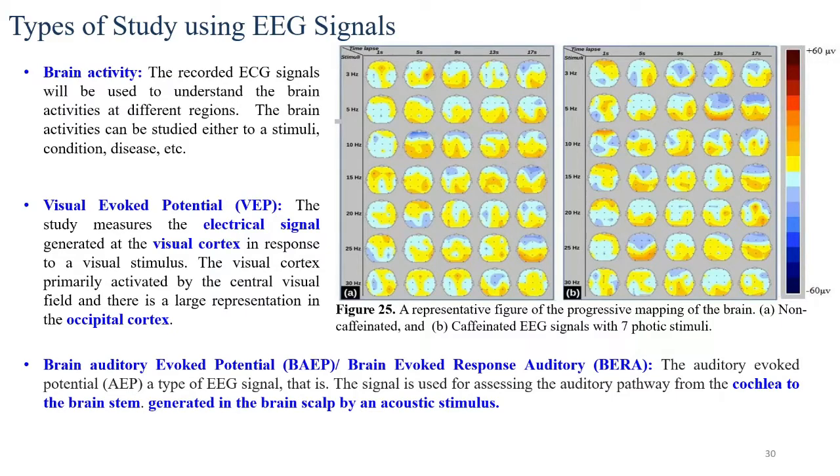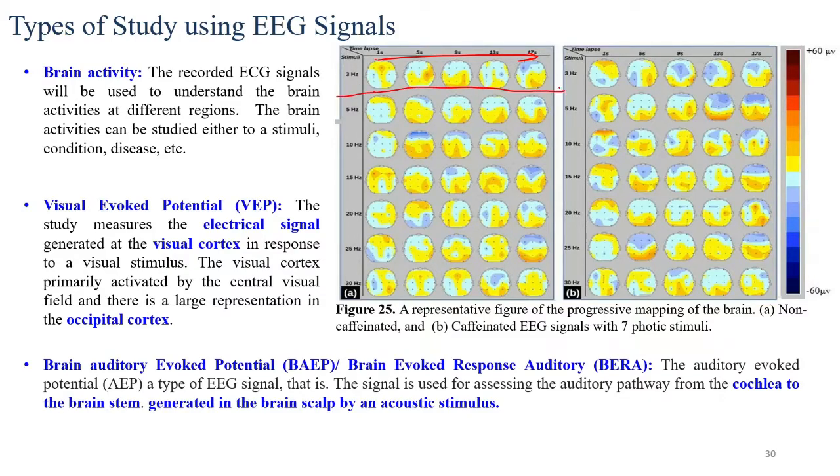When you take the reading, how the amplitude is varying, we can check by measuring with respect to time. So if you are giving some stimulus or something like that, you can see how the brain activity is changing, and you will get this kind of pictures.